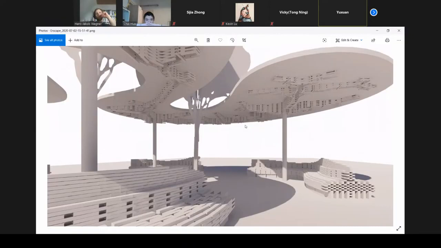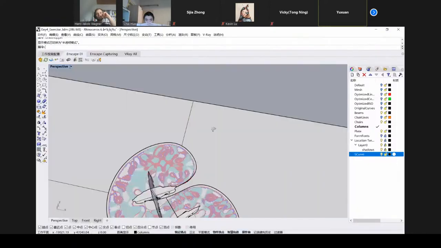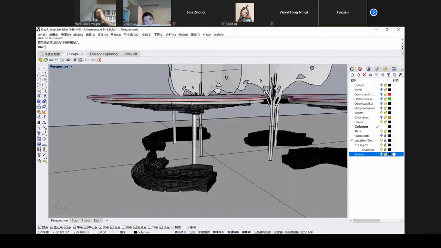One more thing is that yesterday Zhiying was supposed to introduce her idea, but due to the connection issue, she let me introduce it for her. In order to enhance the visual effect of the pavilion, we can build an additional layer of wood beams, like here.